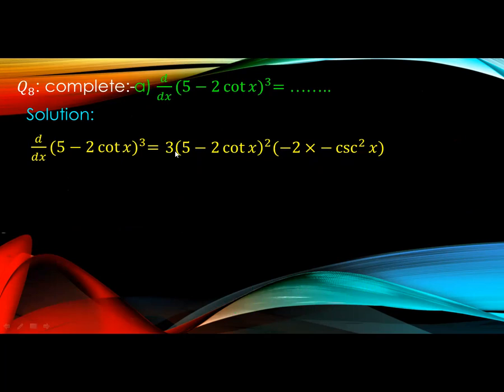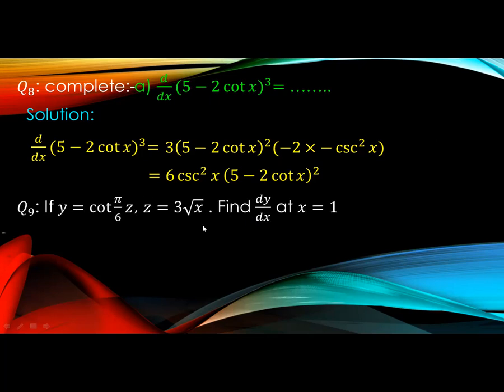So the answer will be 3 times 5 minus 2 cotan x whole to the power 2 multiplied by negative 2 times negative cosec square x. We can simplify this result to become 6 cosec square x times 5 minus 2 cotan x all to the power 2.